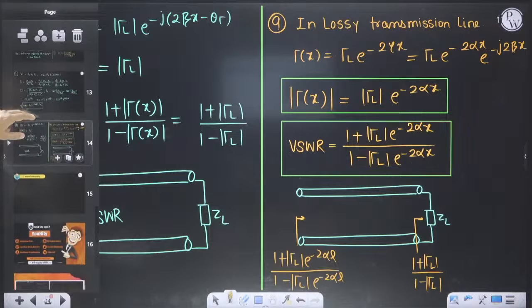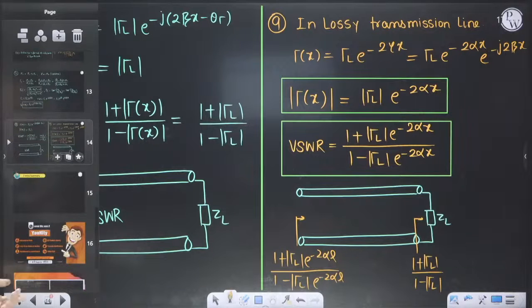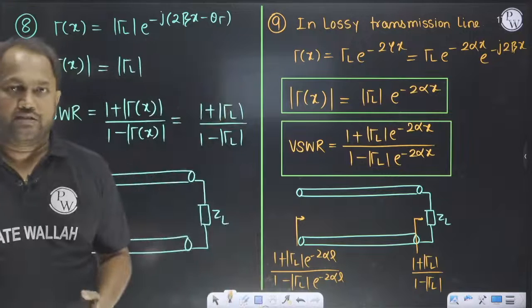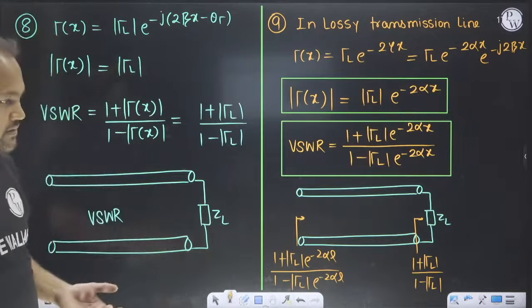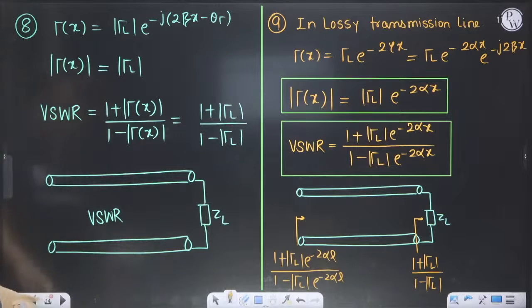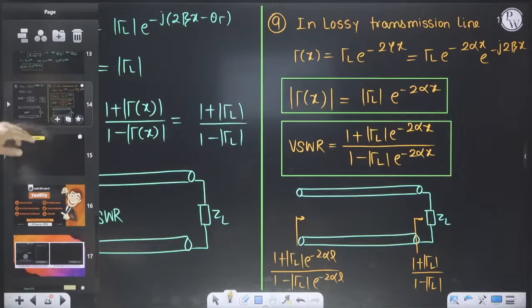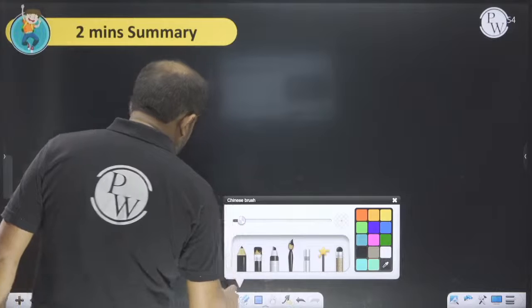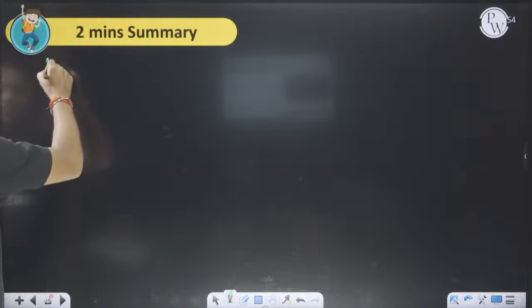In tomorrow's class we will study matching, mismatching, completely matching, completely mismatching, and then we will discuss some questions, and if time remains, then we will discuss VSWR. I am stopping the class at this point, and tomorrow we will meet again.